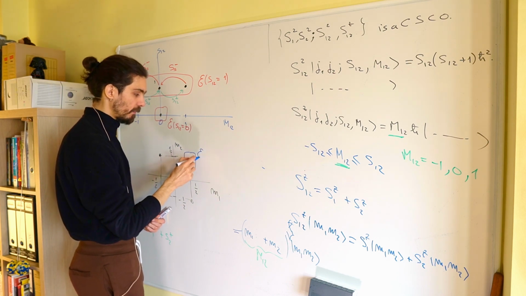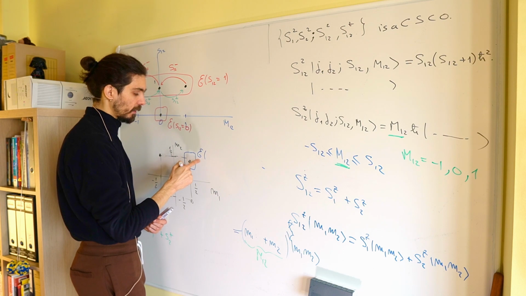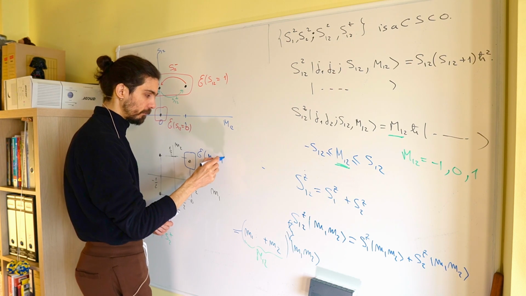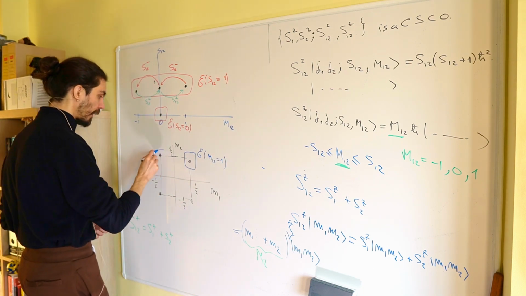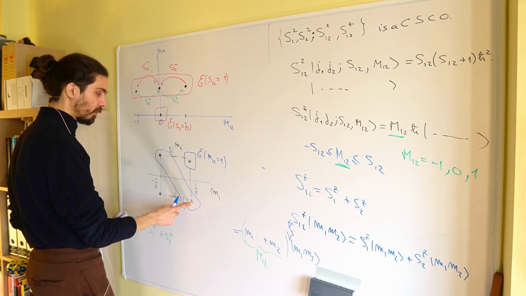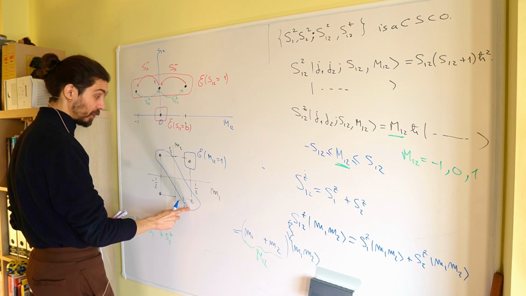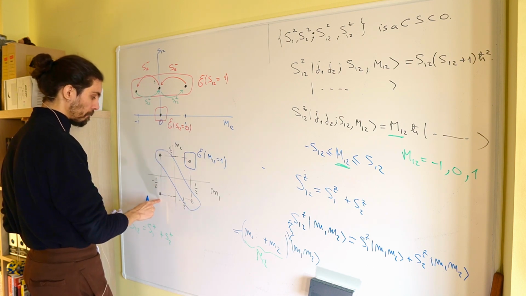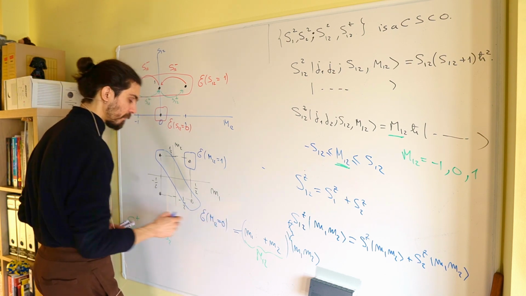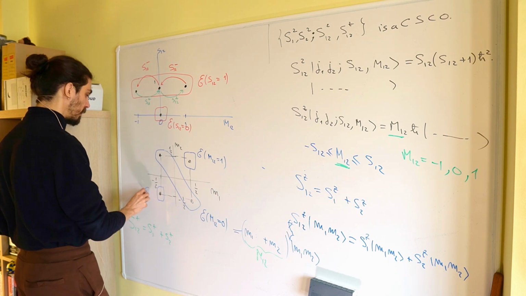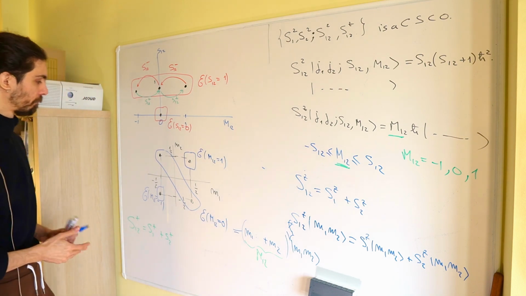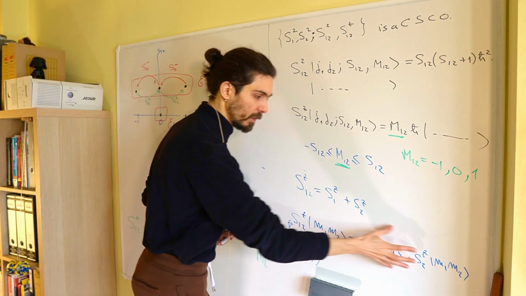So this state is a basis vector for the subspace E with M12 equal to 1. On the other hand, these two states here, notice what is M12 for both? Well, it's 1/2 plus minus 1/2, which is 0, and minus 1/2 plus 1/2, which is again 0. So this is the subspace E with M12 equal to 0. And finally, this state here is the subspace E with M12 equal to minus 1. All a consequence of this formula here.